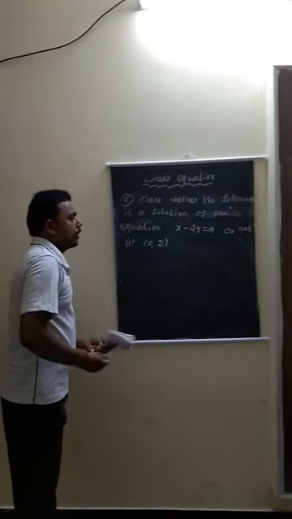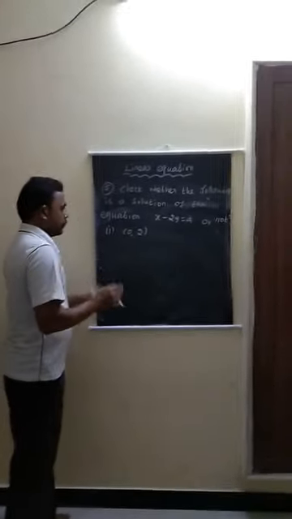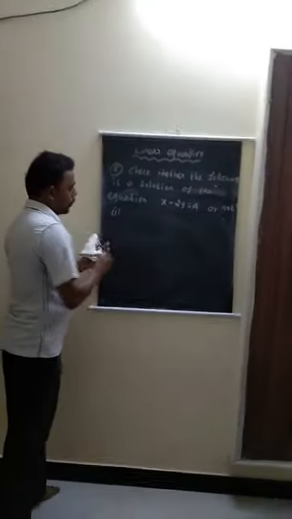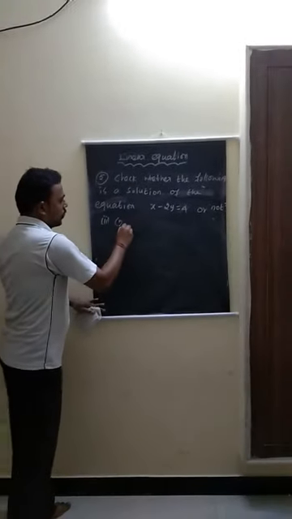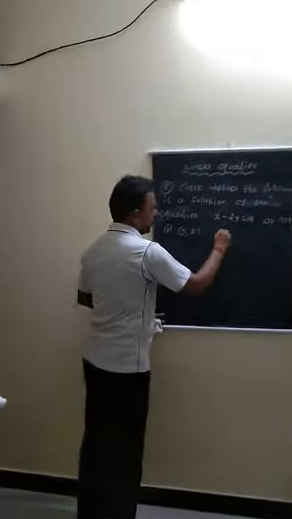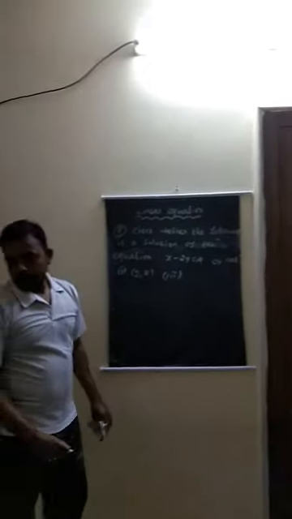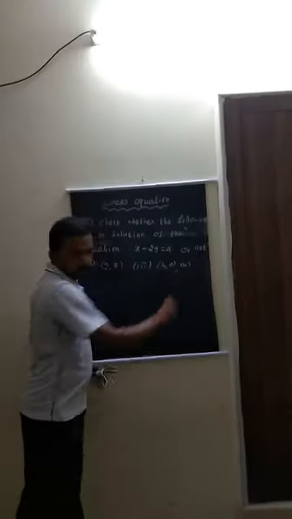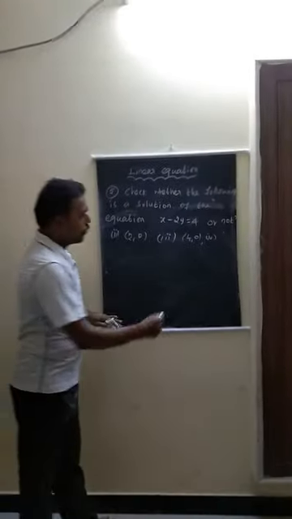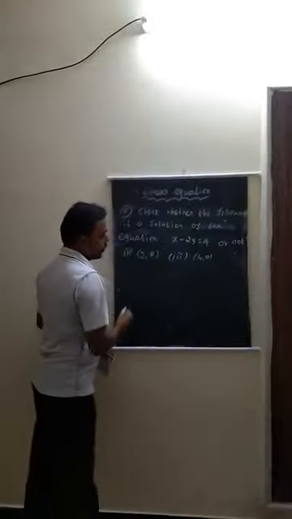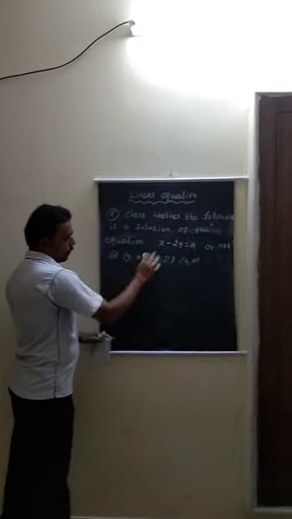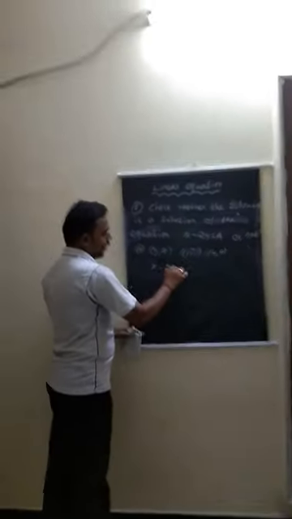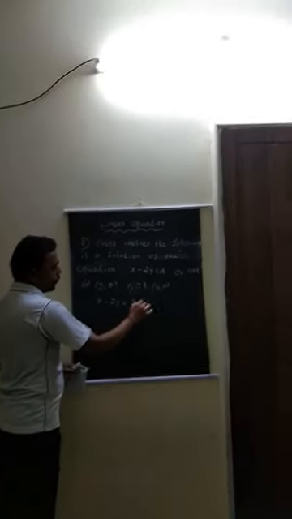Right. Next, 2 comma 0 is given. Third, 4 comma 0 is given. The fourth, root 2 comma 4 root 2 is given. Okay, first do this one. For this, we need to write x minus 2y equal to x value 2 minus 2 into y value 0.